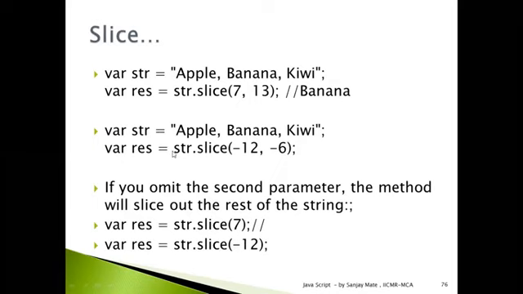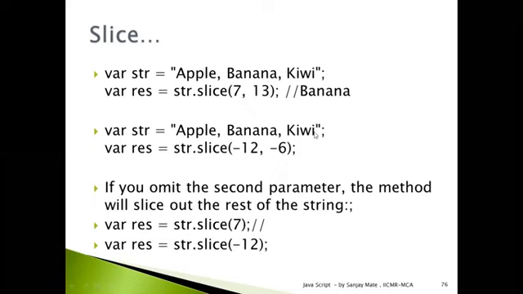Now this is a little bit interesting. Now I want str.slice(-12, -6). What is the output? -12 means please count from the back. Minus means it is telling you to count from the back.